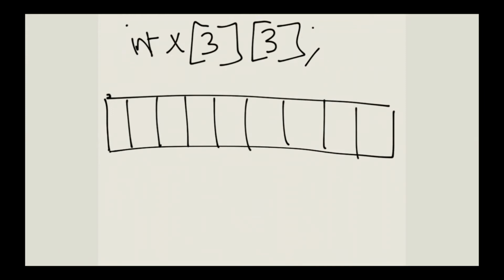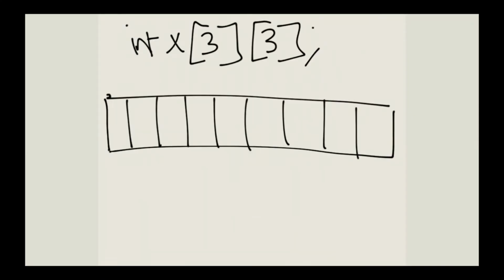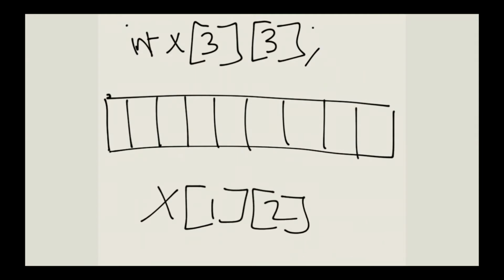And so when I index, the compiler knows what I mean. If I say x[1][2], it knows I want to go to the second row, so it's going to skip the first 3, and then it wants the second thing in that, so it's going to get this one. But it is still just a single dimensional array.